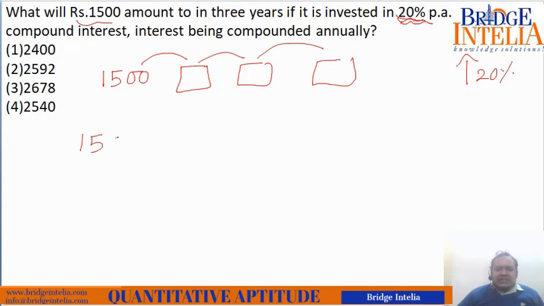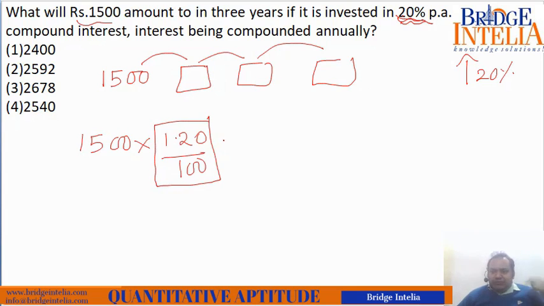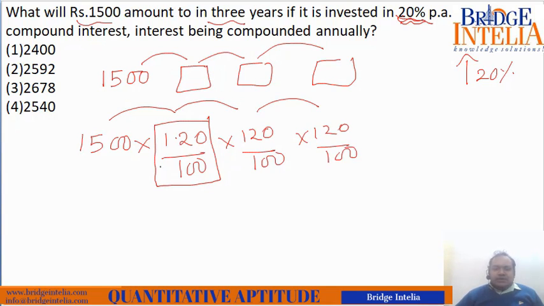Each year there is an increase of 20%, so you multiply by 100 plus 20, 120 by 100. This is the multiplication factor for each year. So for 3 years, first year, second year, again you multiply, third year again. So starting from 1500, this will be the final value.